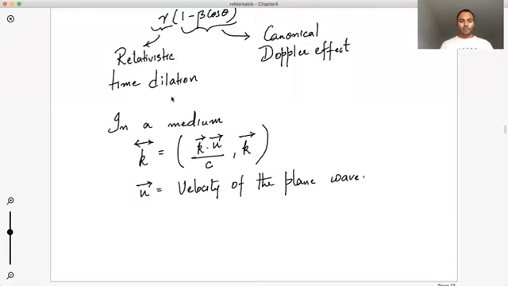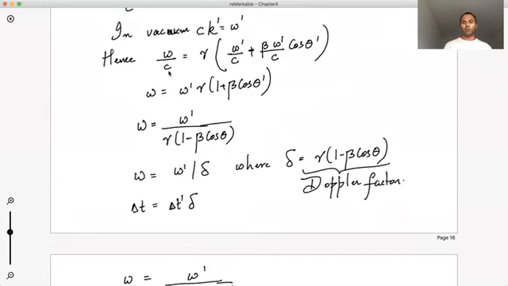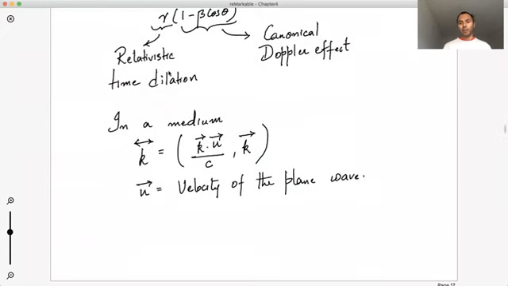Now, I don't think we'll be using this in the course, but just know that what we have done here for the four vector is valid in vacuum. But if you're in a medium, then this is the correct way to write the 4-wave vector, okay? So you're going to have k dot u, where u is the velocity of the plane wave in the medium.